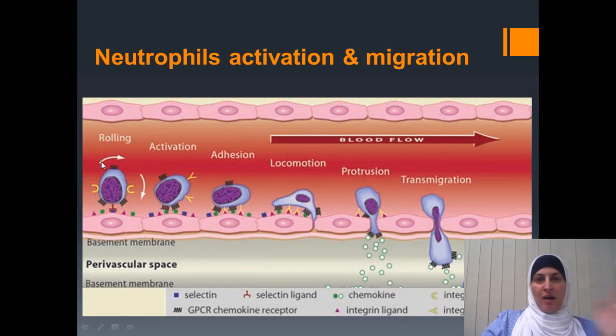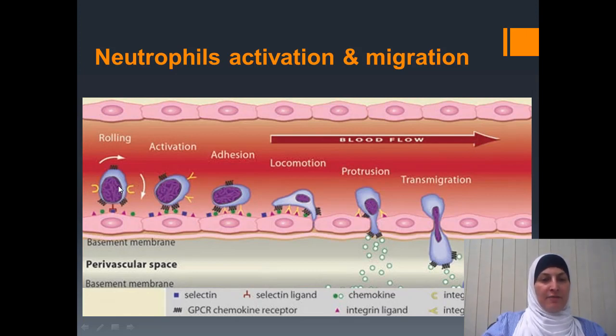The blood is moving in a high velocity or high speed in the blood vessel. The presence of infection here would produce certain cytokines, chemokines, and complement proteins that will spread in the perivascular area and will go through the endothelial cells here to the perivascular area.